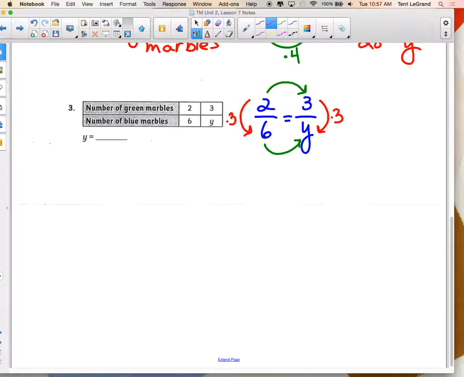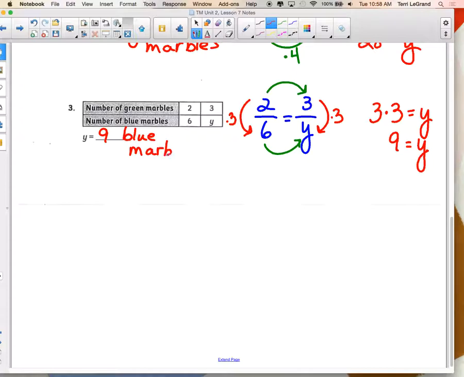So what's the equation read then? 3 times 3 equals y. So y is 9. Reasonable?